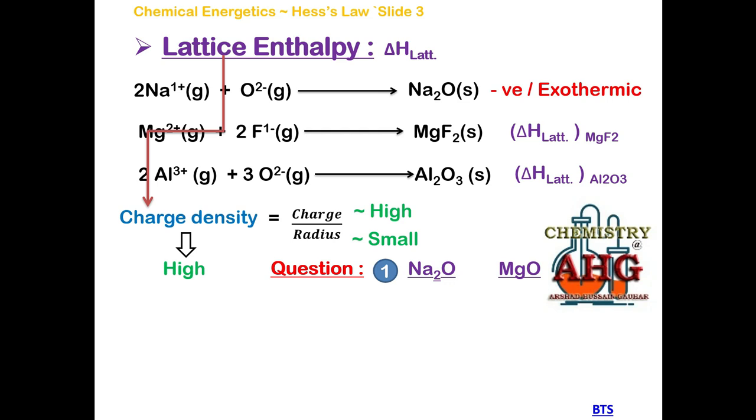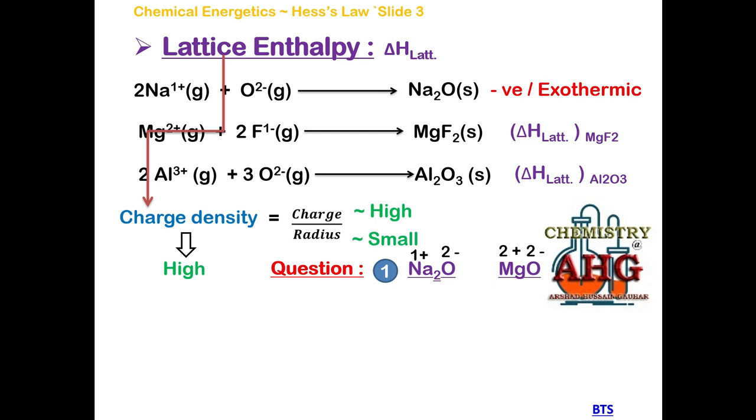First of all, you can do this exercise mentally. You can compose your mind, and then you can write down the answer. First of all, you will write down the charge of each ion present in the given compound. For example, sodium has a charge of 1 plus, oxygen has a charge of 2 minus. In magnesium oxide, magnesium has a charge of 2 plus, oxygen has a charge of 2 minus.